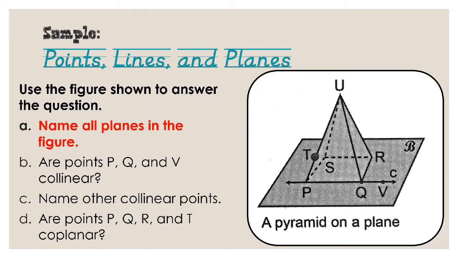Okay, let us try. If you've seen a plane, can you give me at least one name from the figure? Yes, PUQ. So that is one plane. Are there any more other planes that you can see from the figure? Yes, we also have QUR.